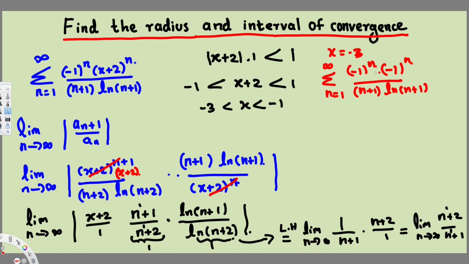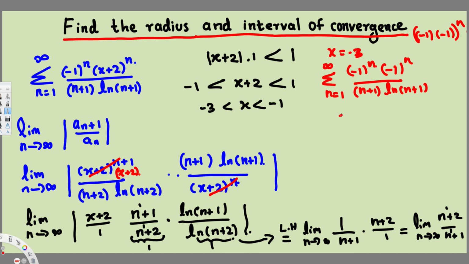Now, negative 1 times negative 1 power n, we can combine as (negative 1 times negative 1) power n, right? So negative 1 times negative 1 is positive 1, and 1 power n is going to be just 1, because 1 power anything is 1, so we can just write 1 here.